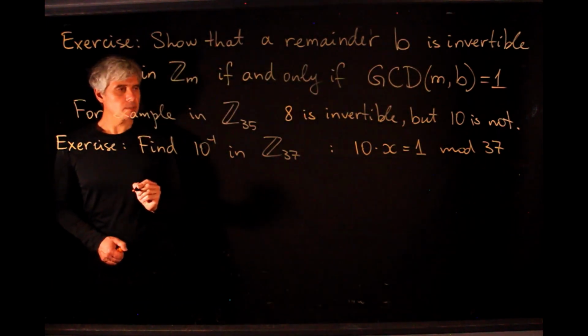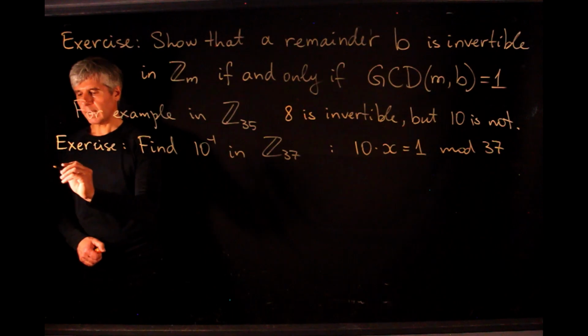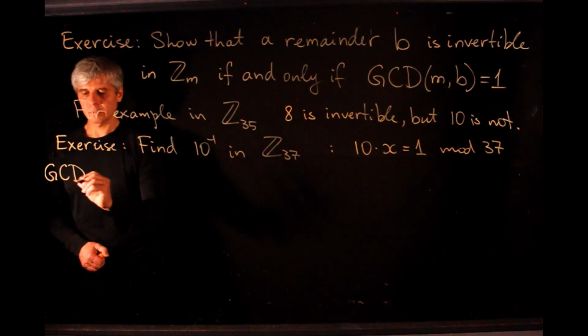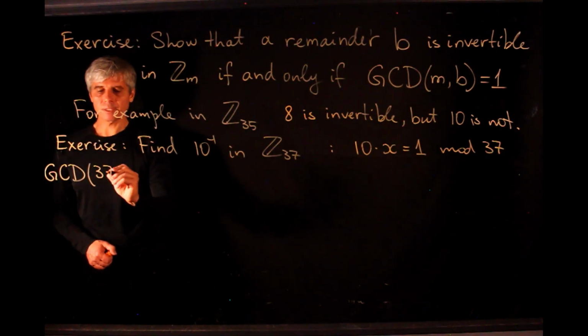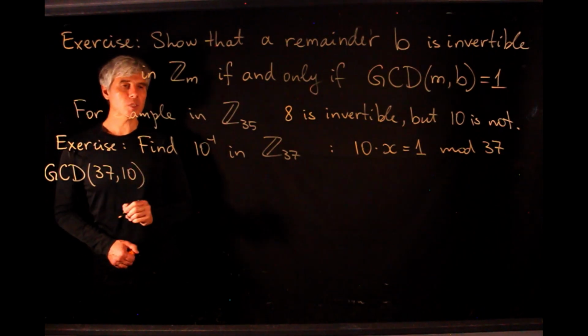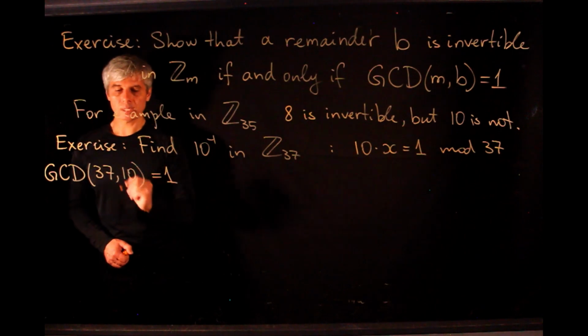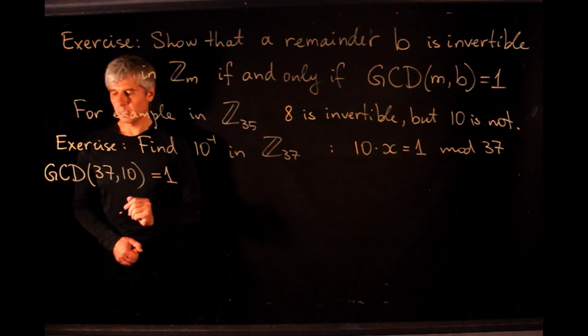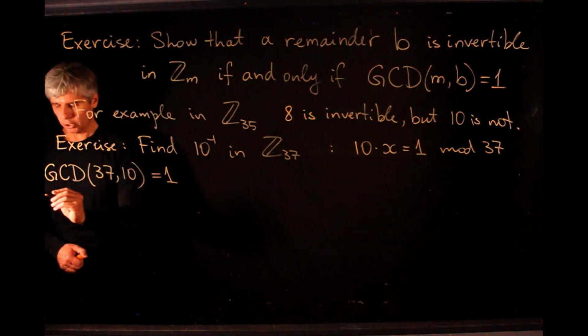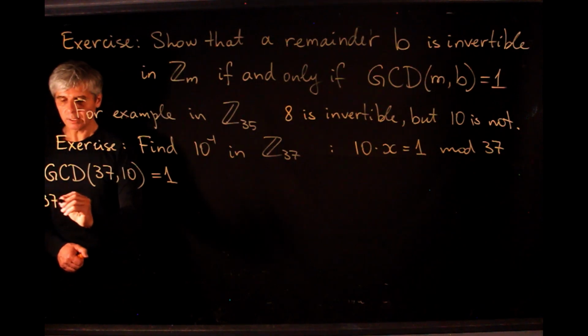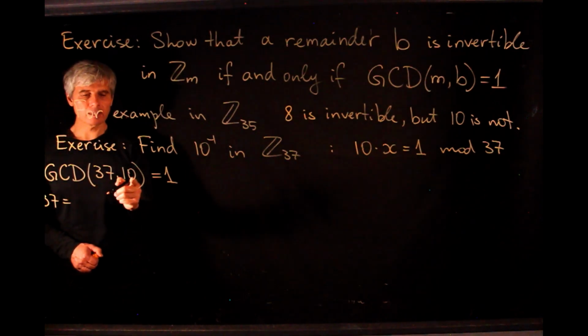So to do this, we have to calculate the GCD of 37 and 10 using the Euclidean algorithm. We actually know that this is going to be 1 because 37 is a prime number. But we need the calculation. So we divide 37 by 10 with the remainder.